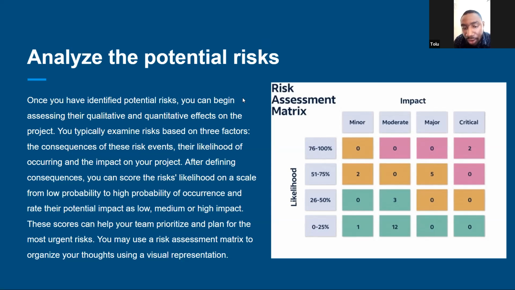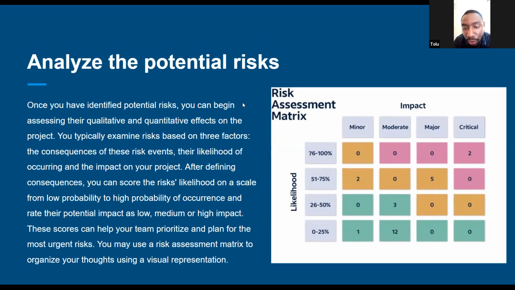After defining consequence, you can score the risk likelihood on a scale from low probability to high probability of occurrence, and rate the potential impact as low, medium, or high. The score can help you prioritize and plan for the most urgent risks. You may use the risk assessment matrix to organize your thoughts.